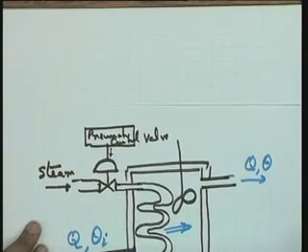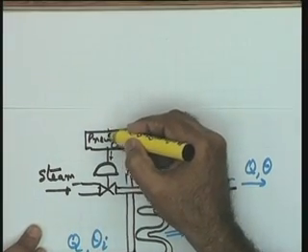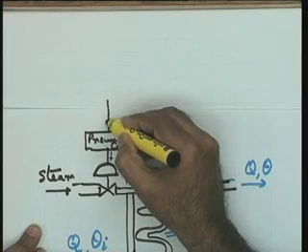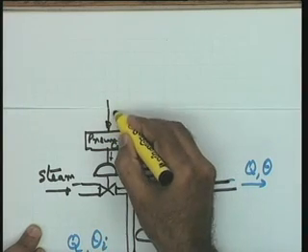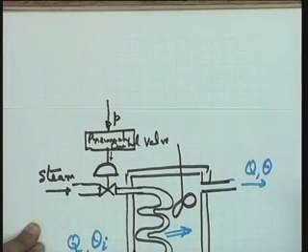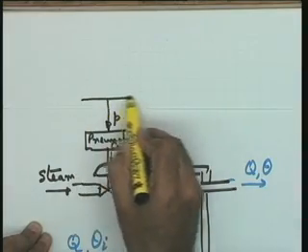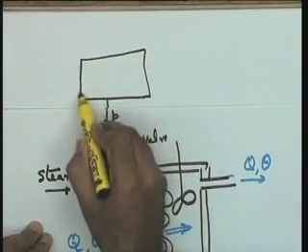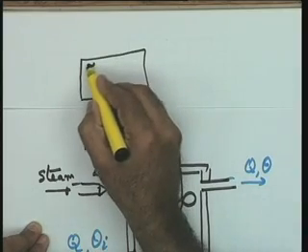What is the input to the pneumatic control valve required? The input to the pneumatic control valve is a pressure signal P. Now, this pressure signal P could come from an electro-pneumatic transducer.